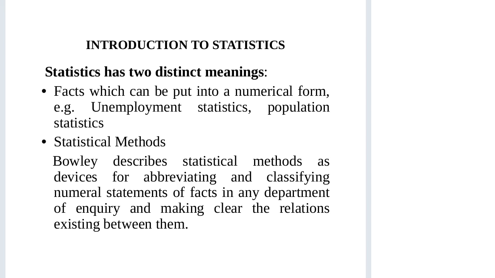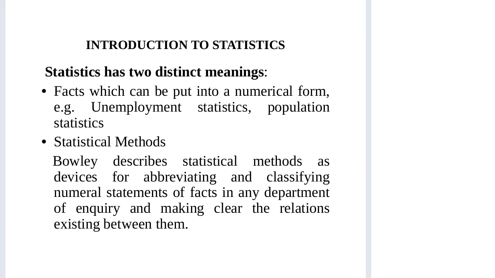An example is unemployment statistics. When we classify the number of people who are employed and those who are unemployed, this can be presented in form of numbers, and therefore this is what we refer to as statistics.